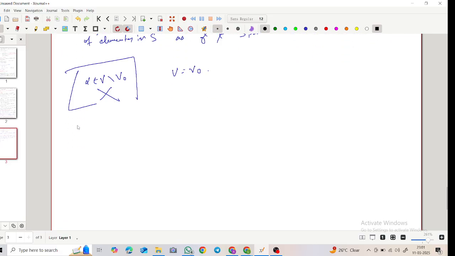Now here is my question. You think about it for 2 minutes. Question. Replace K vector space by R module.